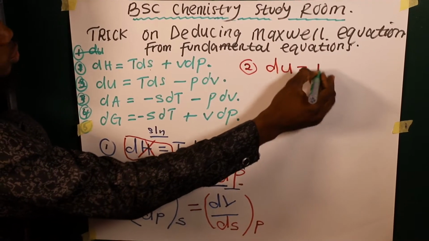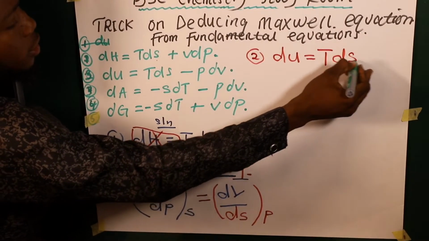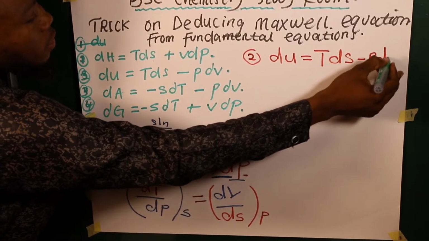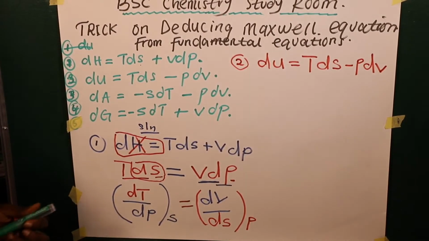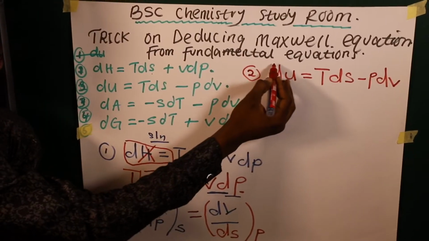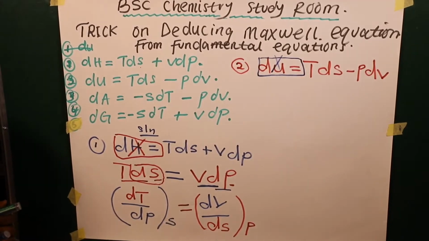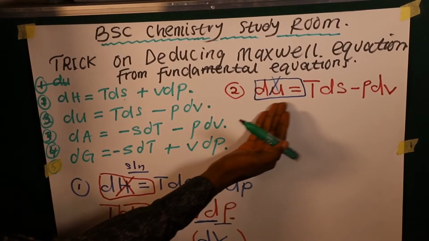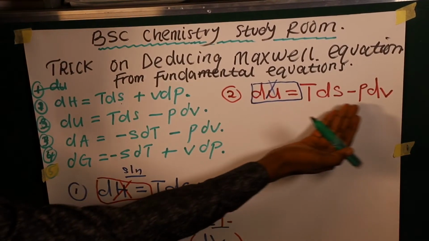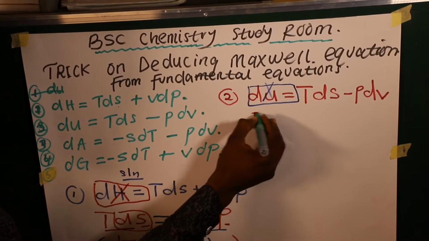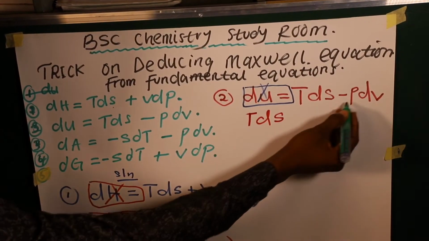We have dU is equal to TdS minus PdV. So the first step we have to do here is we circle the dU and the equality sign and cross it out. That means we don't need it. So now, after neglecting this part, we bring down the remaining part, that is TdS.